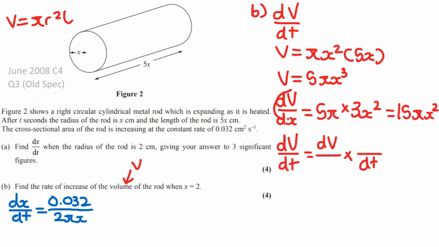So at the moment we've got dV over dx, and we also had a differential equation for dx over dt from part A. So therefore what we can do is write dx and dx like this here, and then multiply together the dV over dx and dx over dt differential equations, and then these dx will cancel out in order to give us dV over dt like this here.